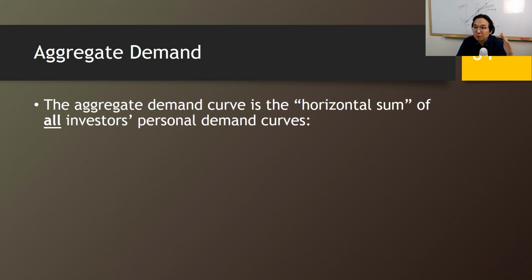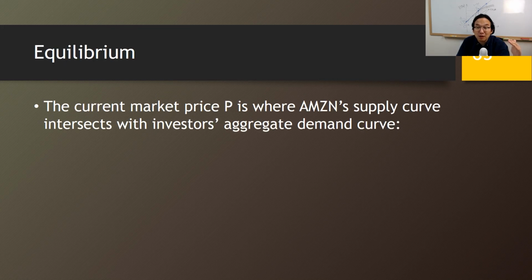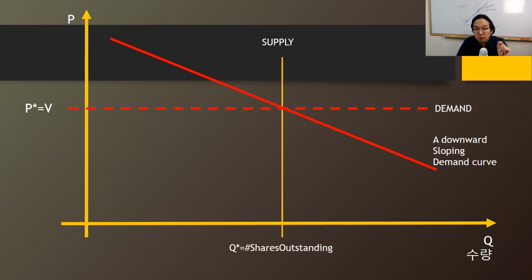Downward sloping, everything added together, wouldn't it be downward sloping? Maybe that's your question. And then, given the fixed quantity of supply and this downward sloping curve, there will be an intersection, and wouldn't that be the equilibrium price and quantity? You may question like this.